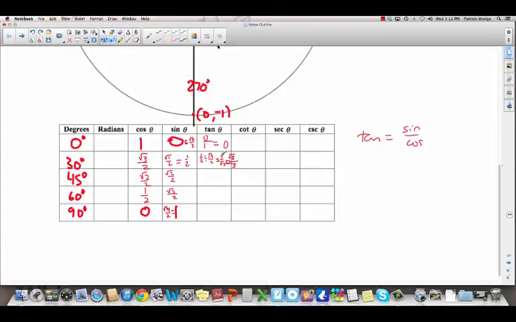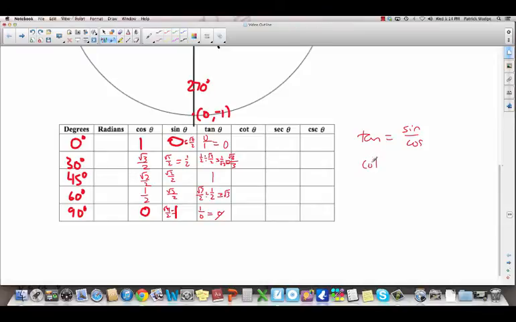Sorry, it's so messy. This one's √2/2 divided by √2/2. It's the same thing, so just 1. This one's √3/2 divided by 1/2. Flip and multiply, you're going to get just √3. This one is 1 divided by 0. Can't do that. Finish tan.